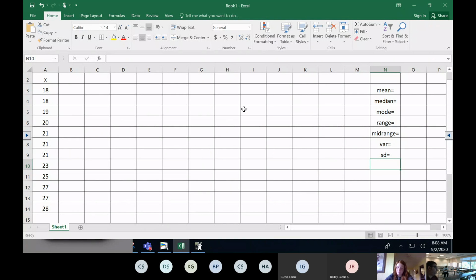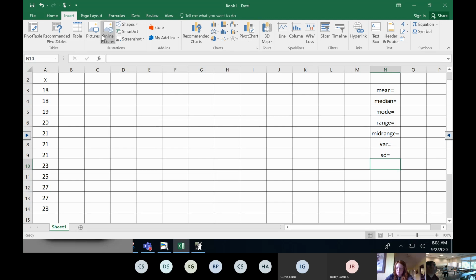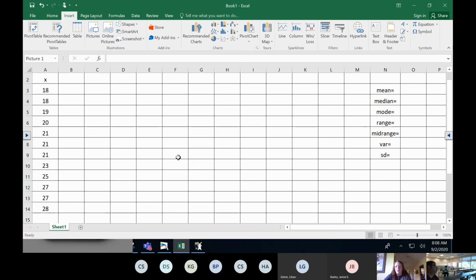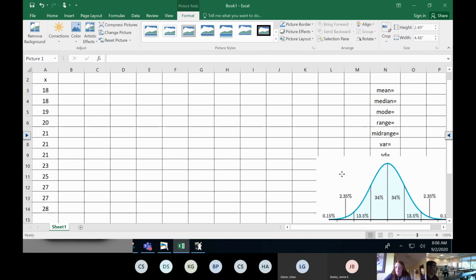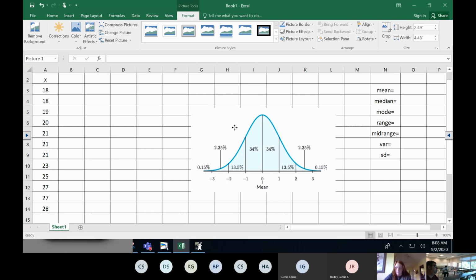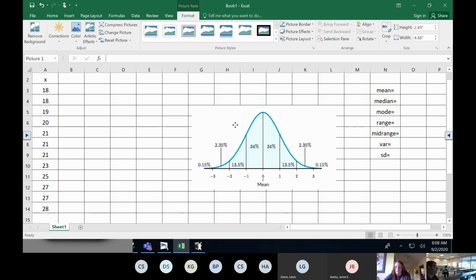I'm also going to bring in a picture. Insert picture. I'll try to make it fit the best way I can.